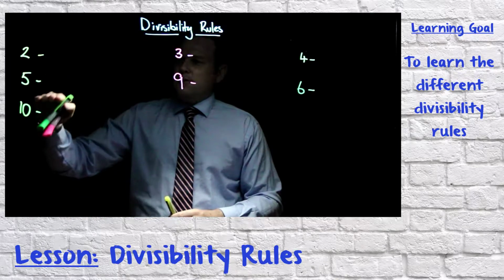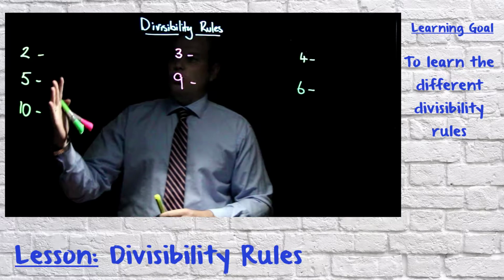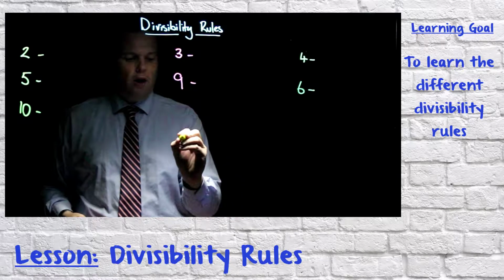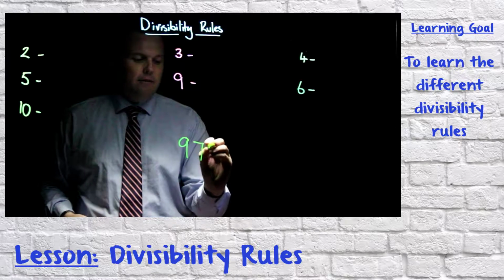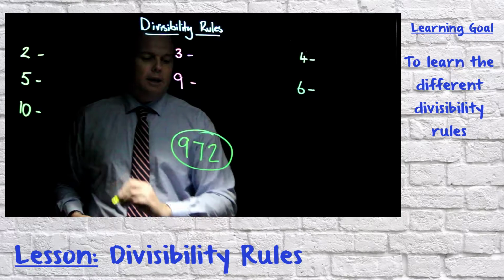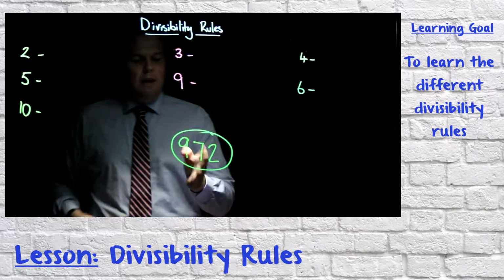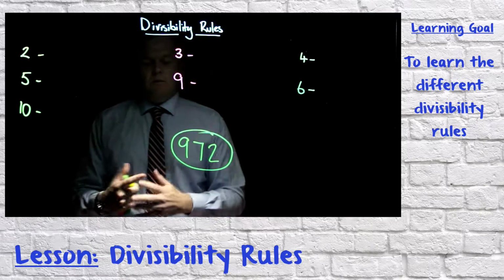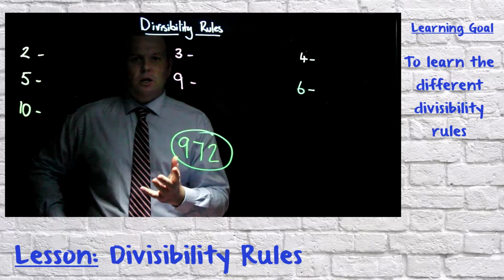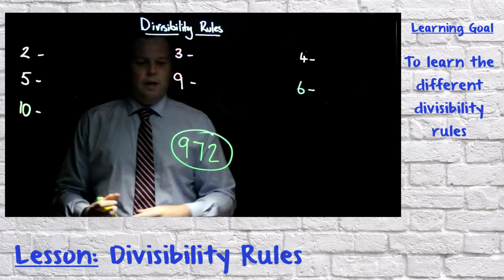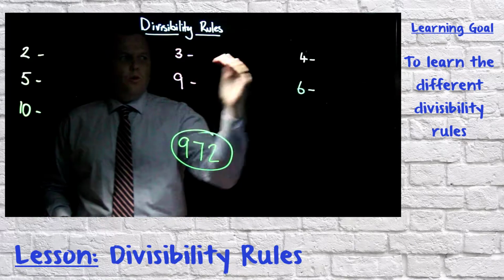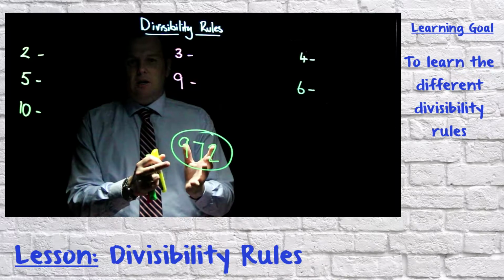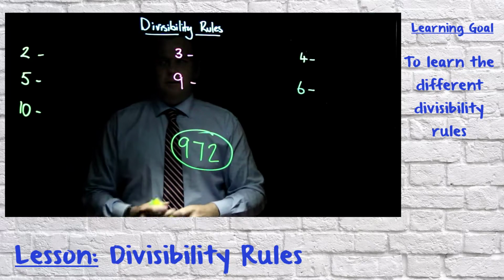Now, a divisibility rule is a rule that tells you whether or not a number, so let's have a look at a number, 972, is divisible by another. If I was to ask you what numbers 972 is divisible by, you'd go, whoa, well that's a tough question. I'd need to work it out. But there are certain rules that we can use in order to quickly find out whether we can divide 972 by any of these numbers, okay?